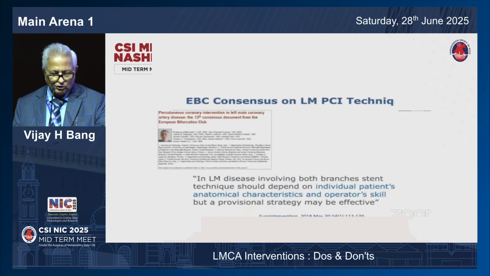As I already clarified, the EBC consensus is that for left main disease involving both the branches, the stent technique should depend on the individual patient's anatomical characteristics and operator skill. Both are very important, but provisional is most effective.